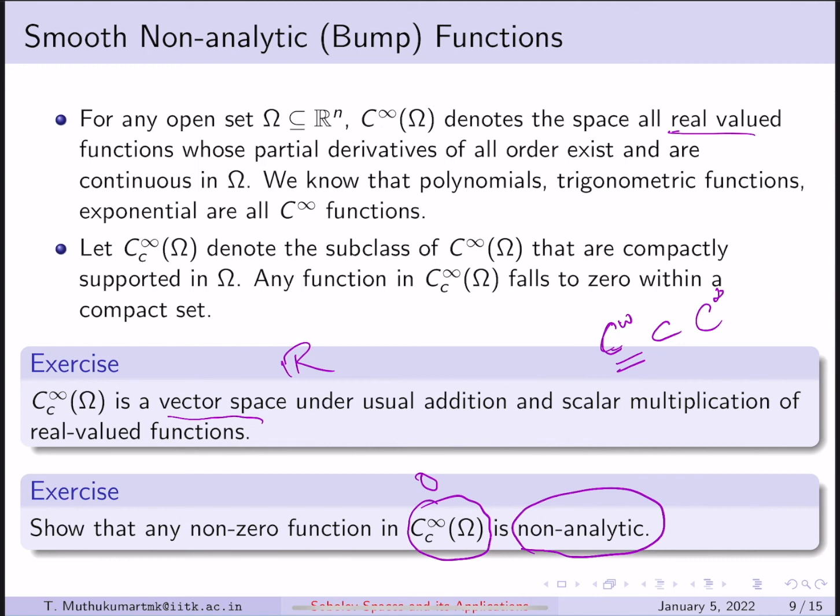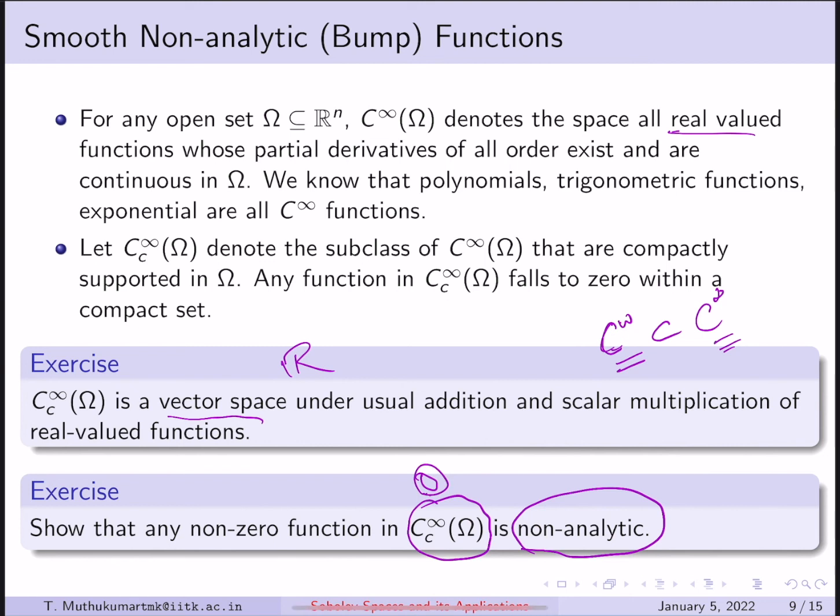In the real variable situation, not all infinitely differentiable functions are analytic. And what is this exercise telling you? That the compactly supported function is actually outside the class of analytic functions, in the sense that it intersects the analytic functions only at 0.